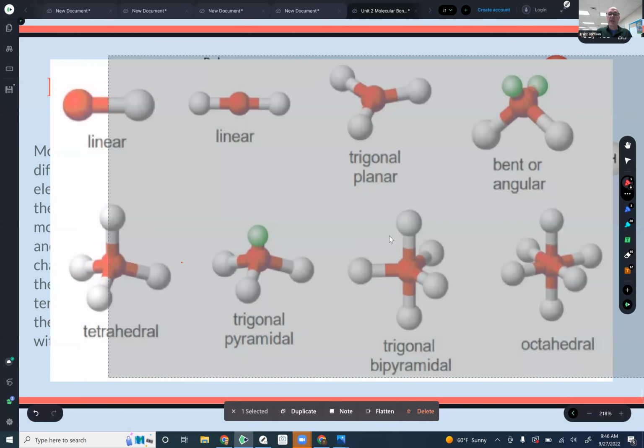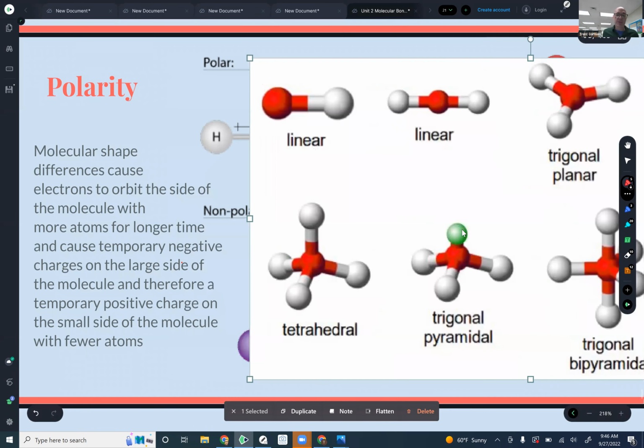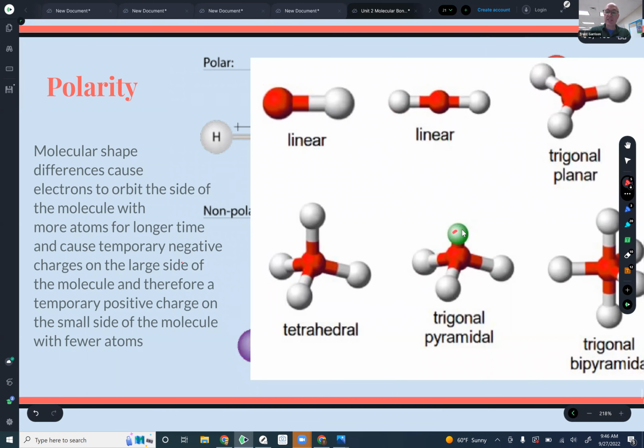Okay, so polarity also can be caused by the shape of molecules. The shape of the molecule is not sharing electrons equally based on the fact that there are extra electrons in certain molecules, which cause it to repel, push on the bonding electrons of the rest of the molecule, causing it to bend. Because of that chevron bent nature of the molecule, you will notice that it is not symmetrical.